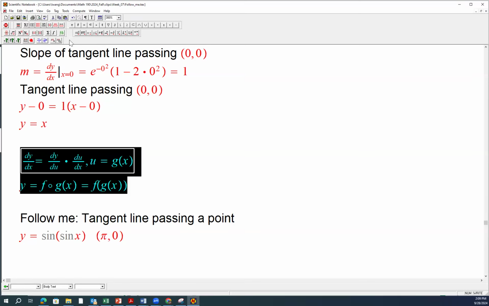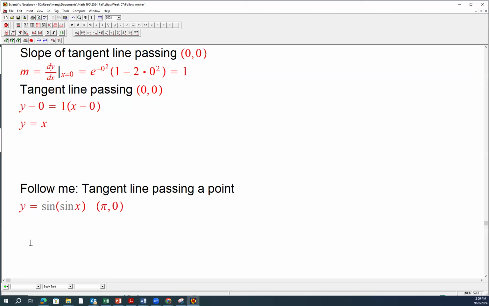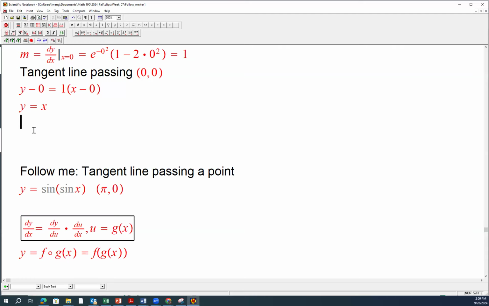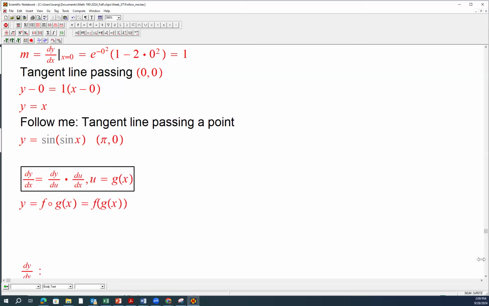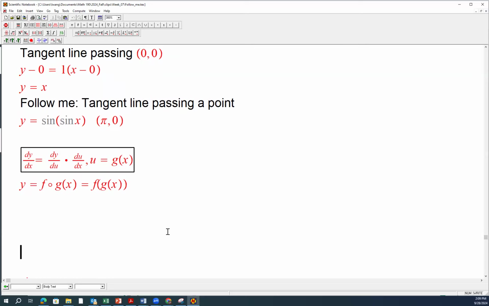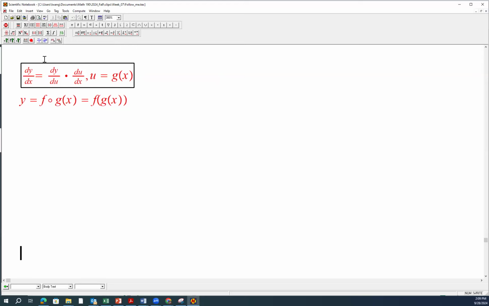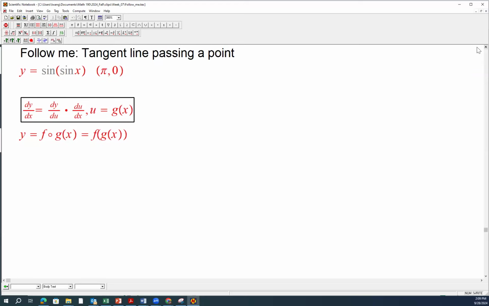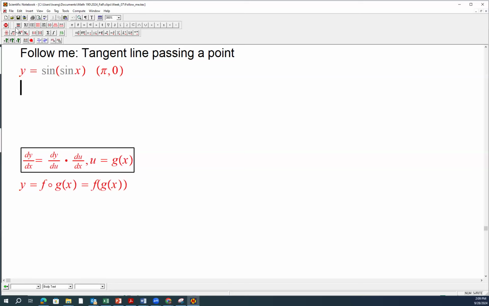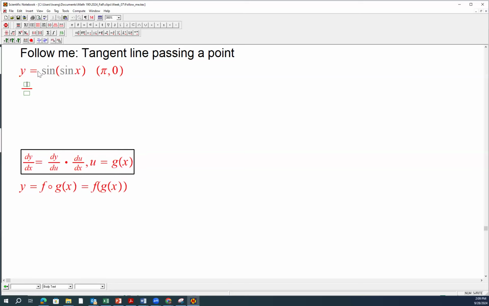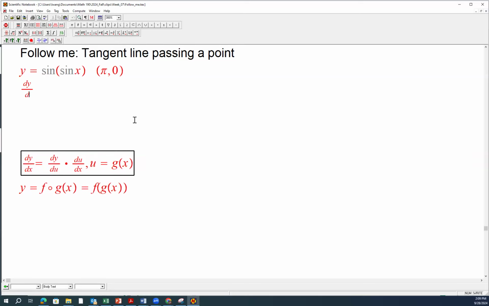Okay, one more time. There we go. Okay, same idea, but this function is a little bit different. We're going to use the chain rule anyway, right? So dy dx equals the derivative of sine, right?